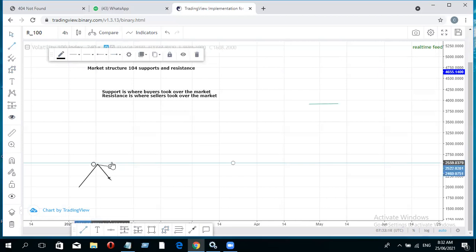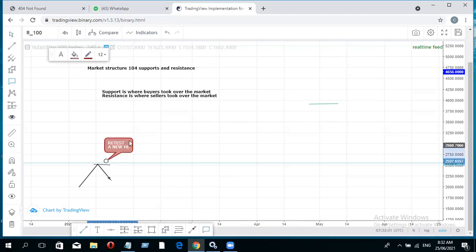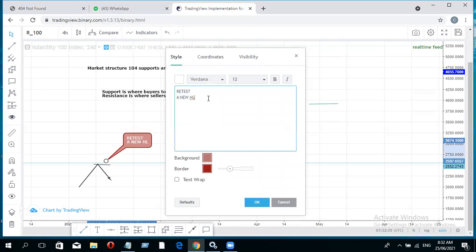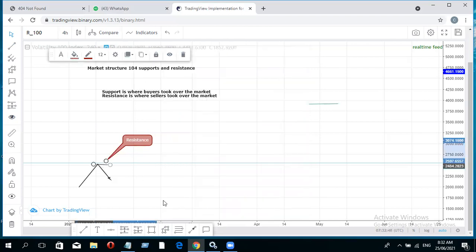It's a point where the sellers took over the market. It's called the resistance. This is where the sellers took over the market.